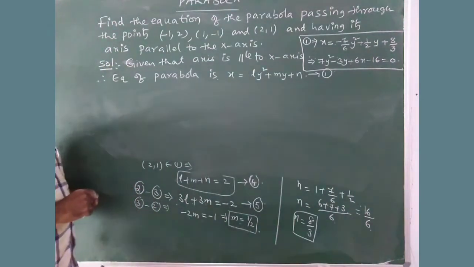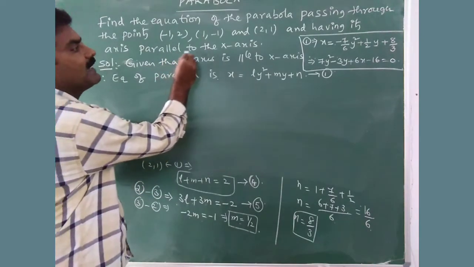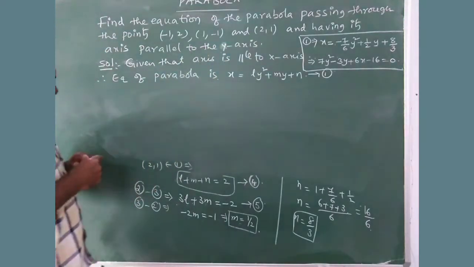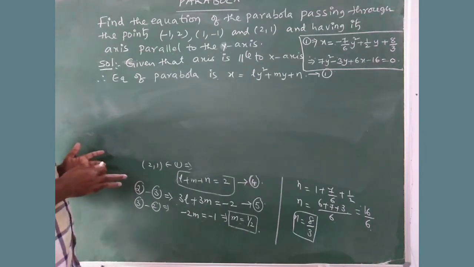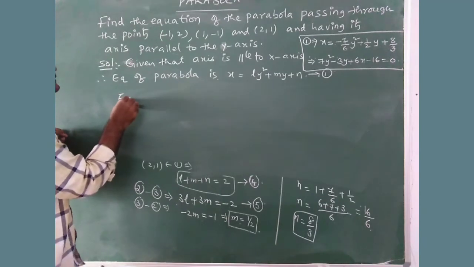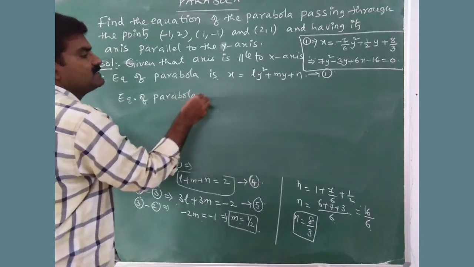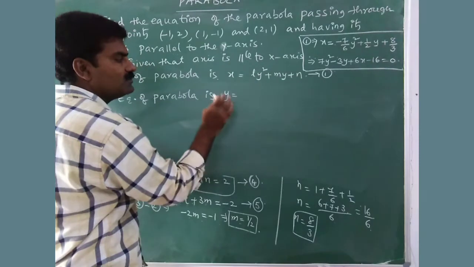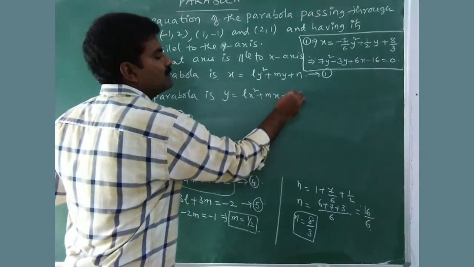So similarly, you can also try one more question: instead of parallel to the x-axis, you can take the parabola whose axis is parallel to the y-axis. You can consider the points to be the same, and at that time, since the axis is parallel to the y-axis, the equation of the parabola is in the form y is equal to Lx square plus mx plus n.